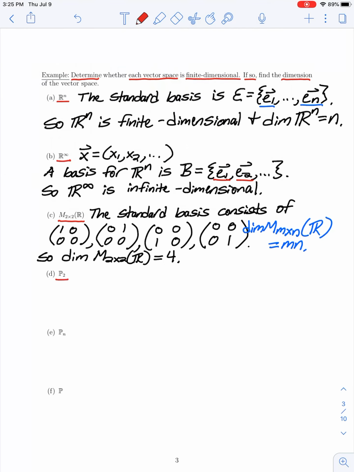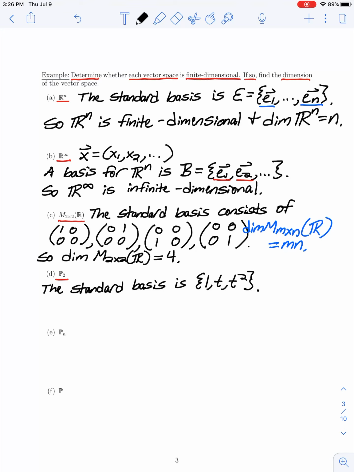So in part D, we have the vector space P2, that is polynomials of degree 2 or less. Recall that the standard basis for this space is the set of vectors 1, t, and t squared.